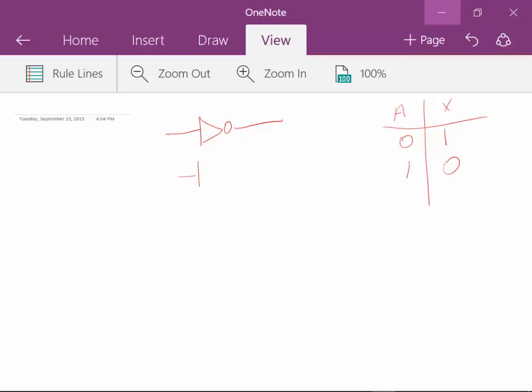Now, every now and then you will see something that looks like this. This is a buffer. That truth table is simple: A, X, 0, 0, 1, 1. It doesn't change the information. We sometimes use this for 2 reasons. One is we want to drive 4 or 5 different gates with this, so we use this as a current amplifier to increase current.